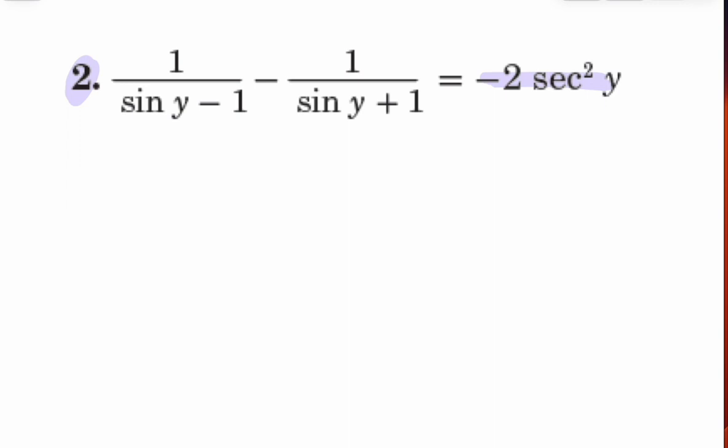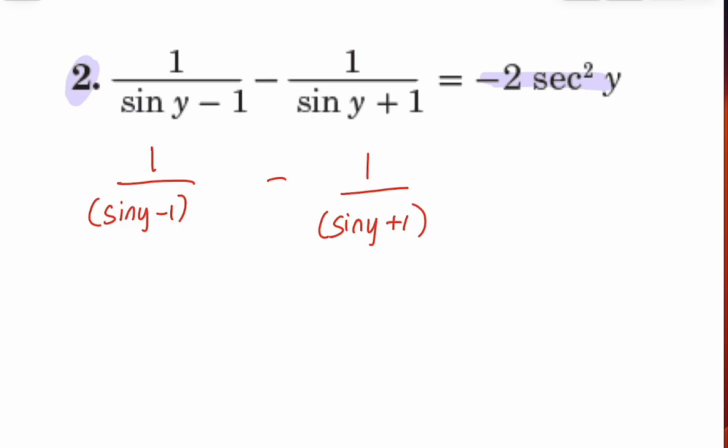So what I'm going to do is, since the right side is what I'm holding, it only has one term, that tells me I need to add those fractions together. So we're going to write these fractions. I'm going to separate them a little, and I'm going to write their denominators in parentheses since they're more than one term. And I'm going to multiply the left fraction by sine of y plus 1 on top and bottom.